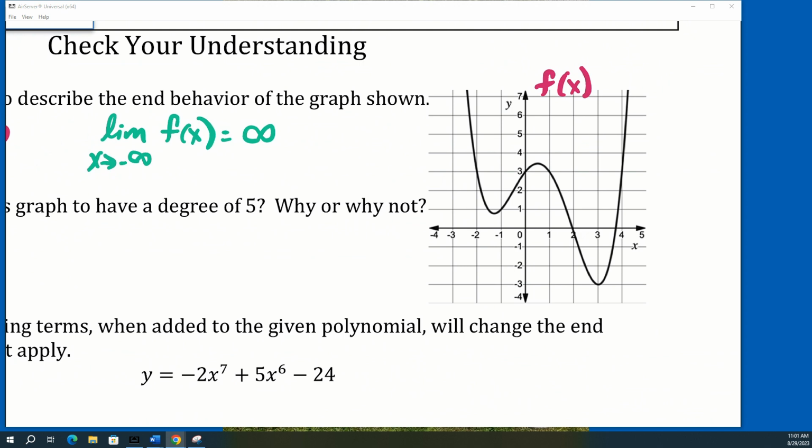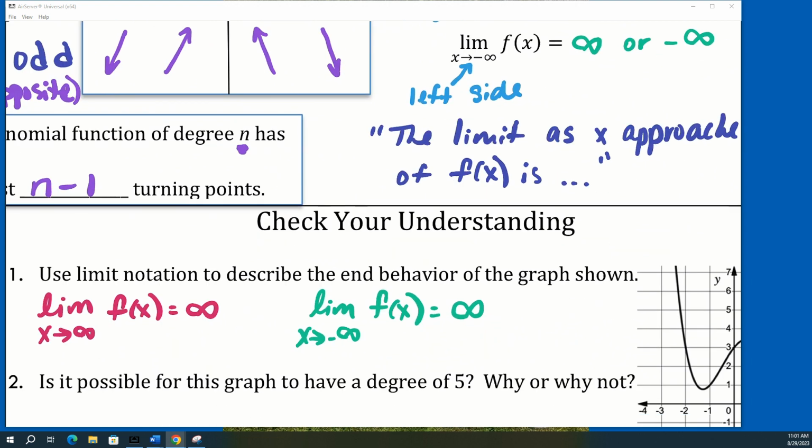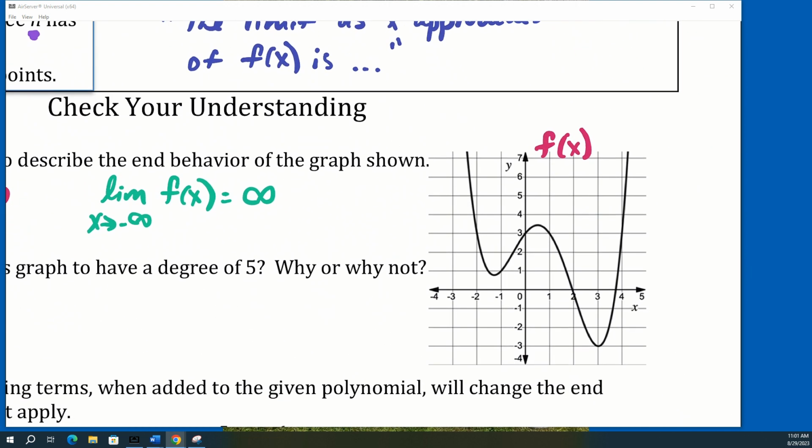Okay, degree 5. So for the turning points, that is the most it can have, but it can always have less. So the big reason is that this one, the arrows are pointing in the same direction. And if the arrows are pointing in the same direction, it has to have an even degree.